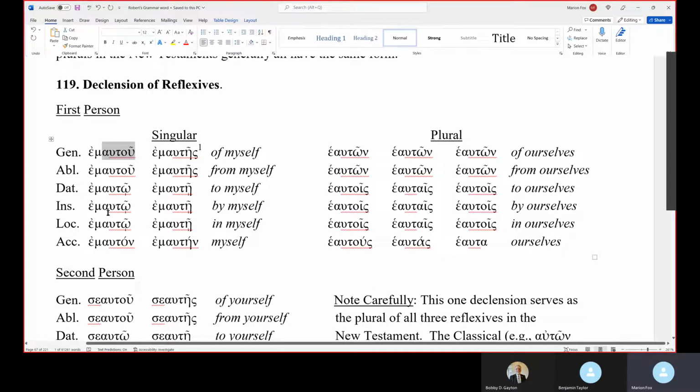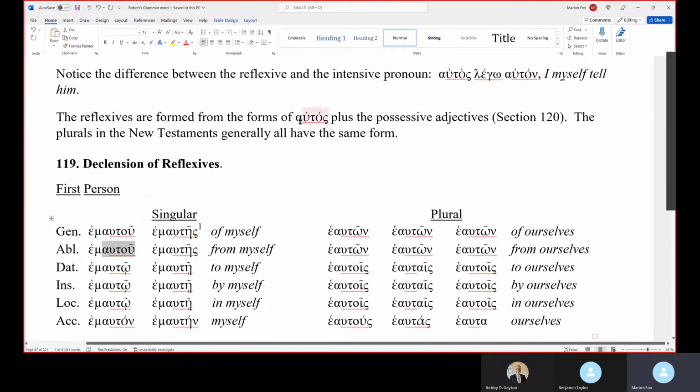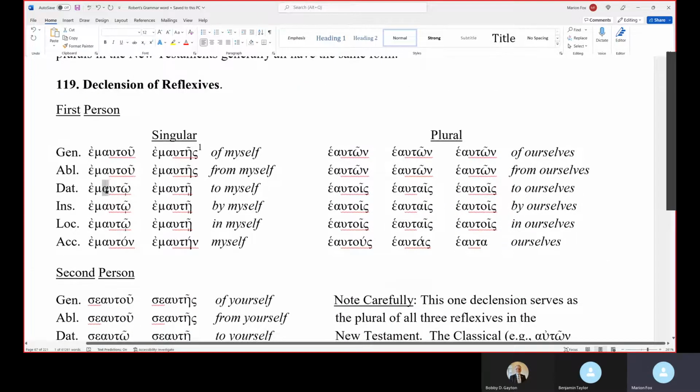All right. But the autou, that's basically from autos, same form as autos. And autō, and again, we've had that in autōn, see. So you're not learning anything new once you see that pattern. Notice this is masculine, feminine, there's no neuter.